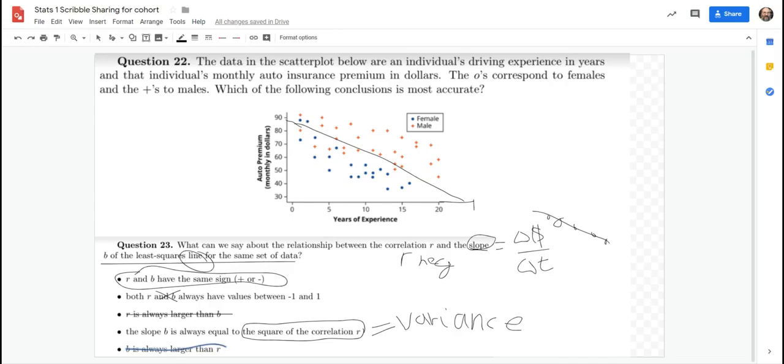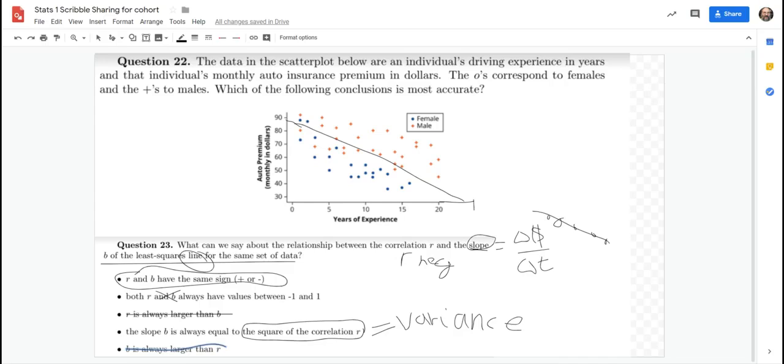Sorry, I could measure it in days of experience, right? You would not get your premiums down much every day, right? $4 a year. That's about a penny a day. That's a very, very small 0.01 as a slope.